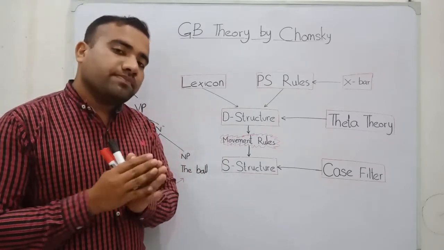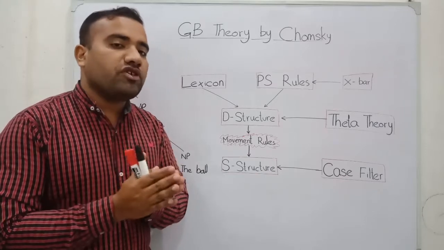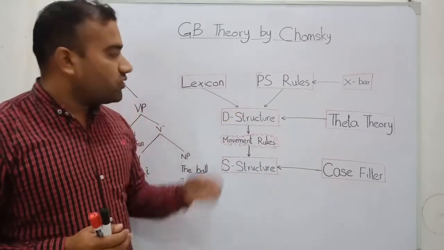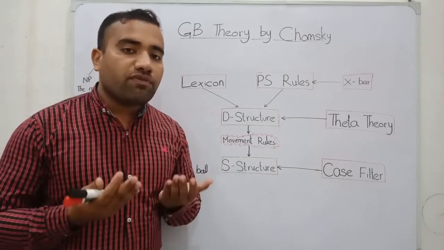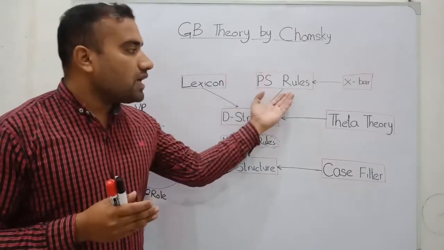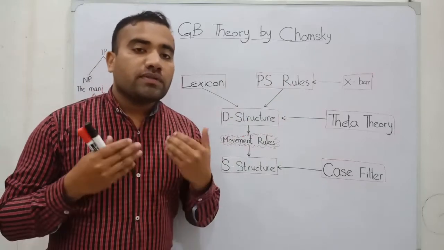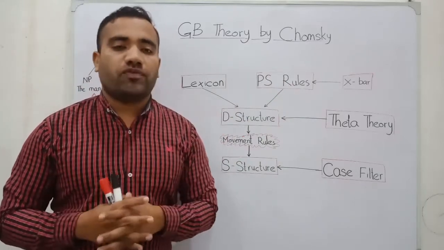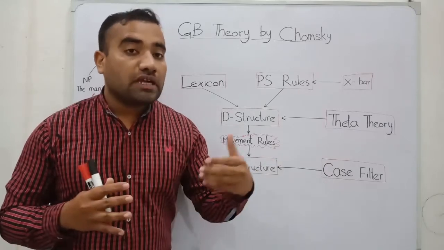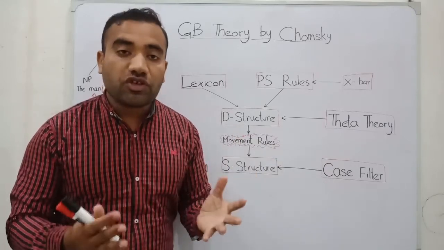And you know that in the previous video, we have discussed all these things. The lexicon: in every language, we have the words. And in every language, we have the rules. The language properties, they are the rules. Language tenses, they are basically rules.